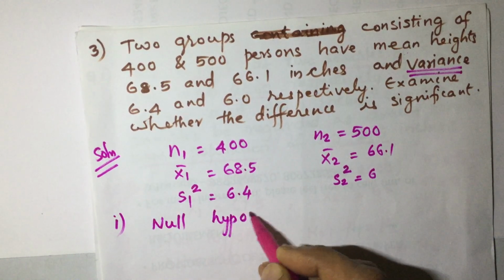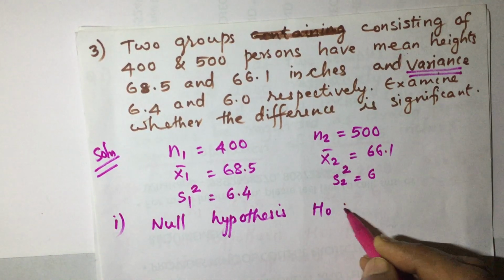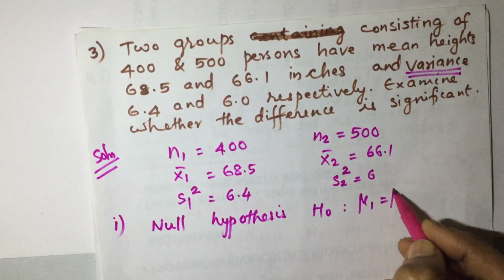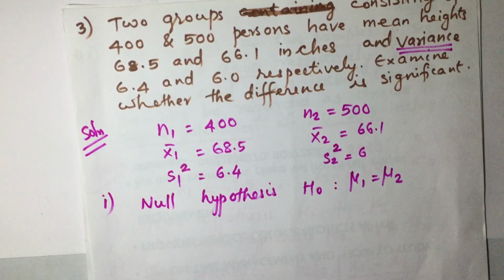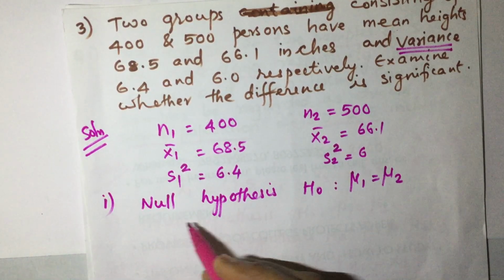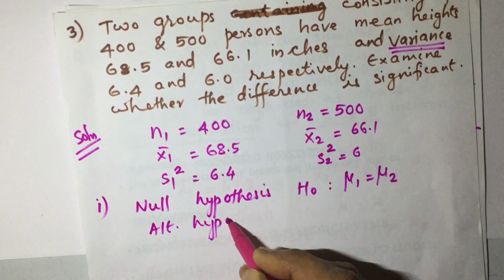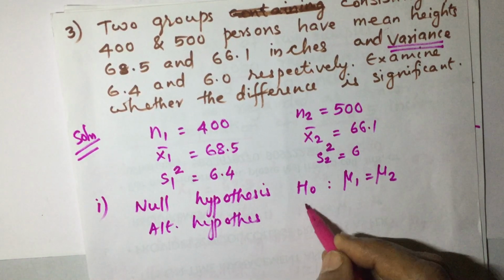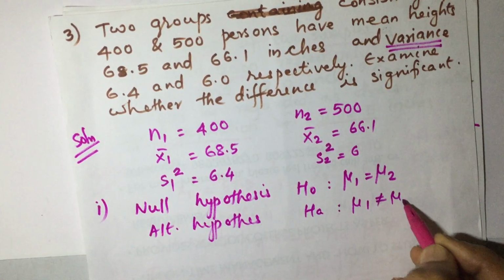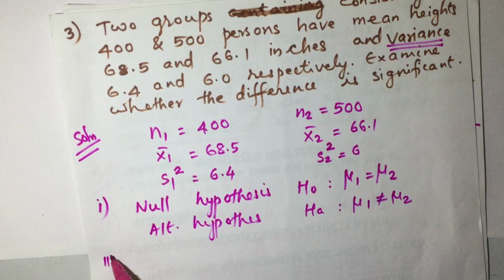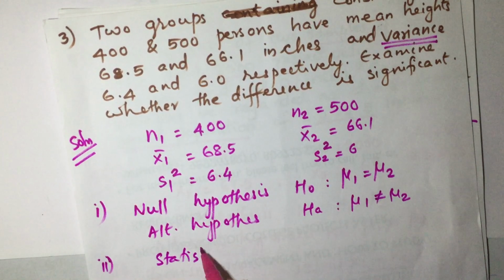So null hypothesis, as always, we'll take H0 mu1 equal to mu2, means we are assuming that they are equal, they are same. Then alternate hypothesis will be HA mu1 not equal to mu2. Then second part, test statistic.